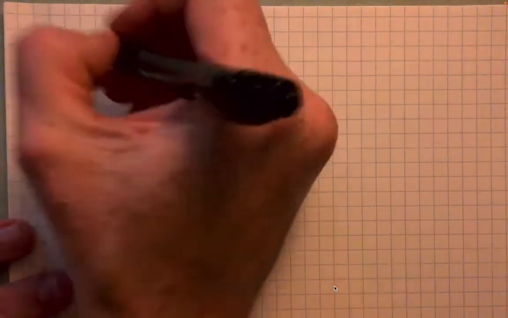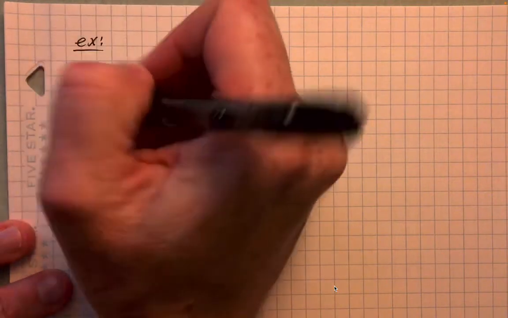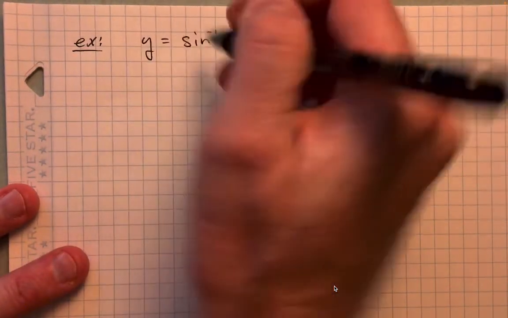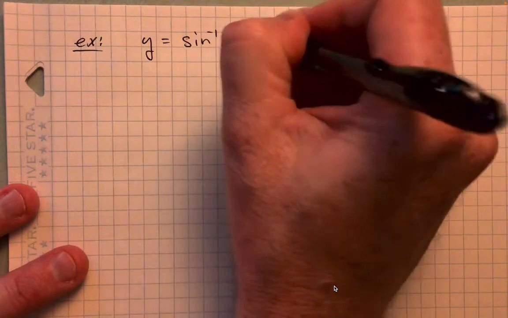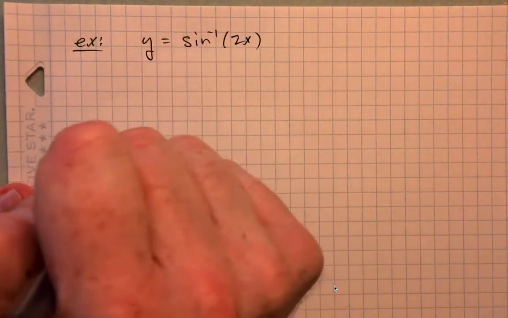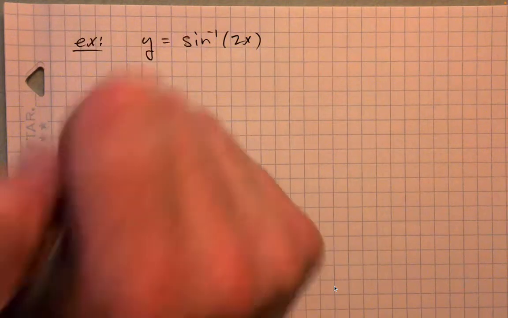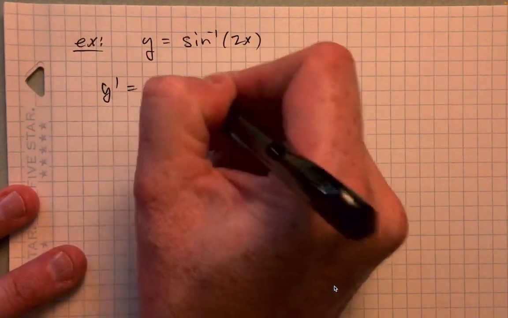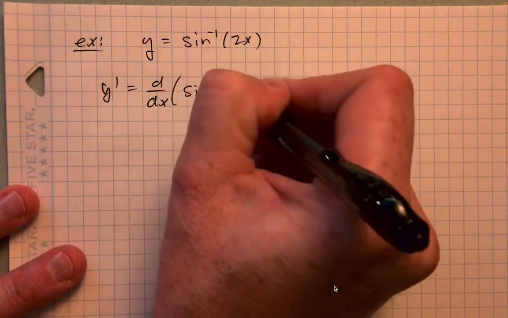Let's try a couple of other examples just really quickly to make sure these are clear. So what about y equals the inverse sine of 2x? In that case, y prime is the derivative of inverse sine of 2x.